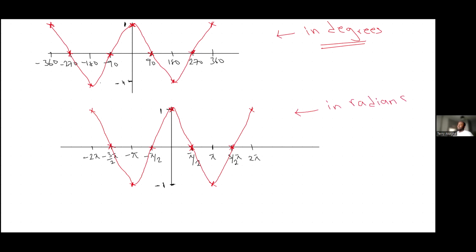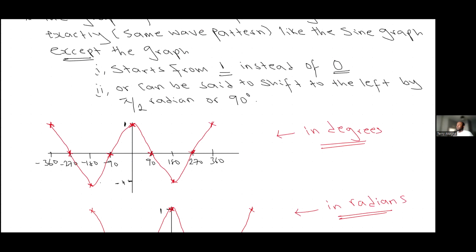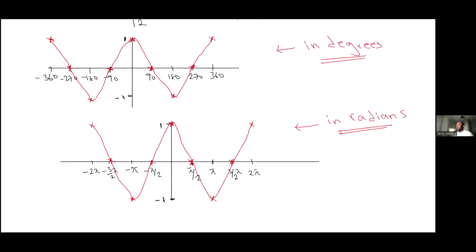Okay, so this is it in radians. So it's similar to the sine graph. It has a waveform, so you can keep on going like this all the way to infinity. Okay, but here the difference is that it's starting from 1 instead of starting from 0.